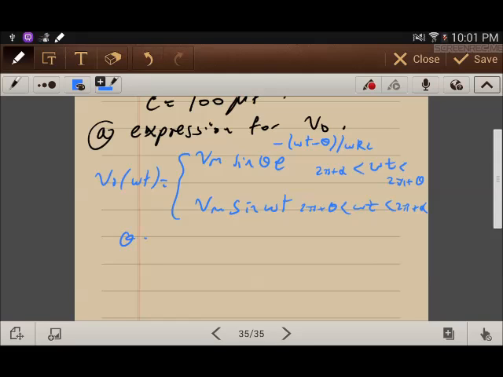So first we find theta, which is pi minus tan inverse of omega RC. Omega is 377, multiplied by 500, multiplied by 100 micro, which is over 10 to the power 6 because of the micro. So we get 93 degrees.